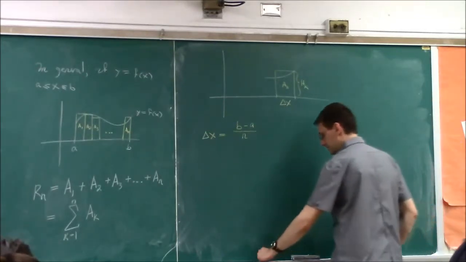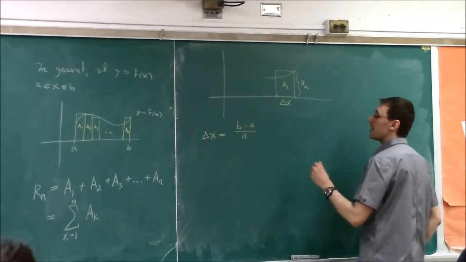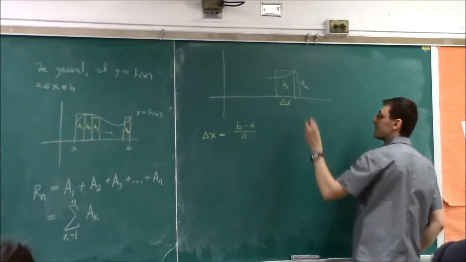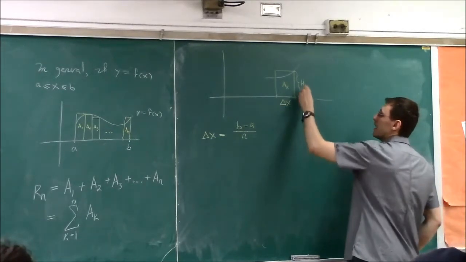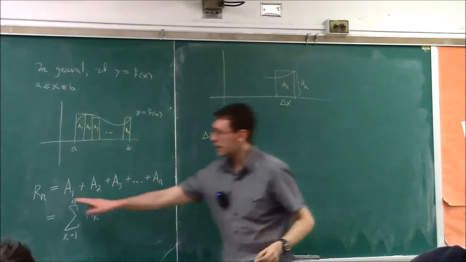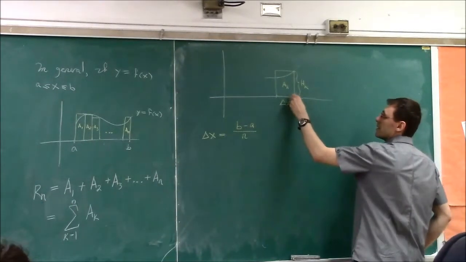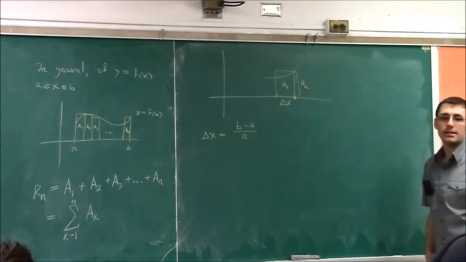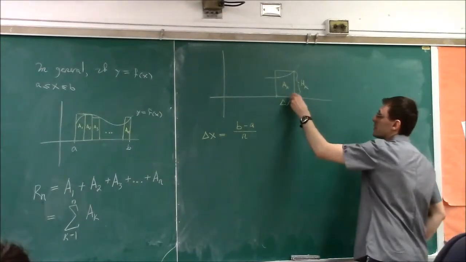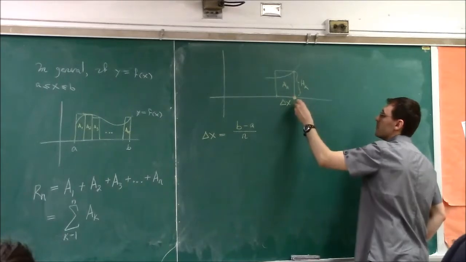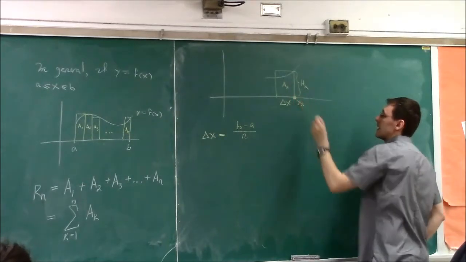Now, h sub k, since we're using the right-hand approximation, h sub k is always using the right-hand point on the x-axis to plug into the interval. So we're using this point here. This point is x sub k.